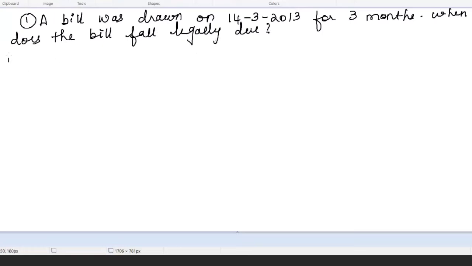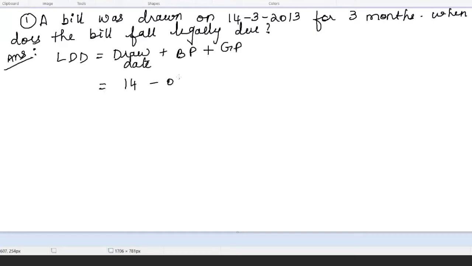Okay, so first let us write the formula. Legally due date is equal to drawing date plus bill period plus grace period. So that is equal to, what is the drawing date given? 14/3/2013.